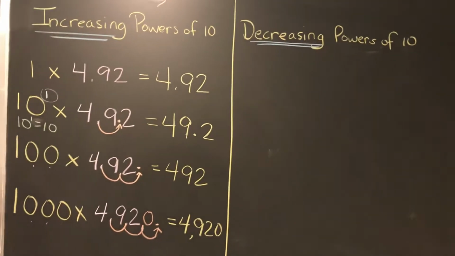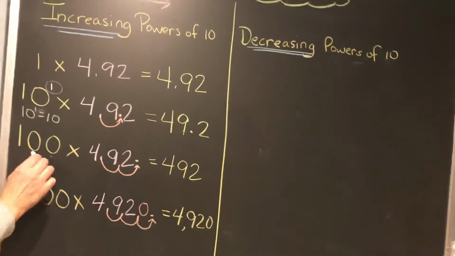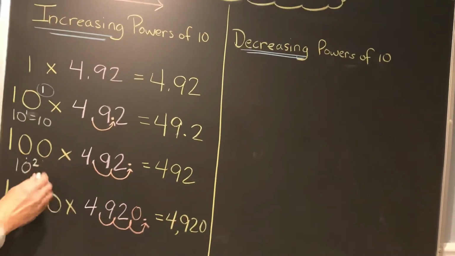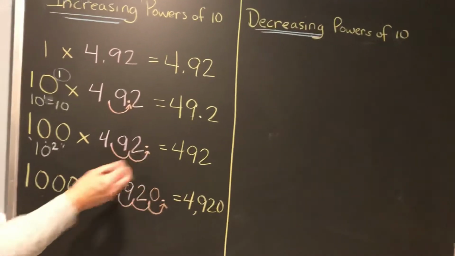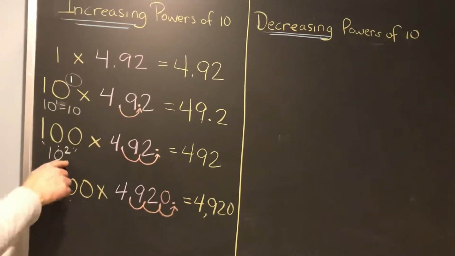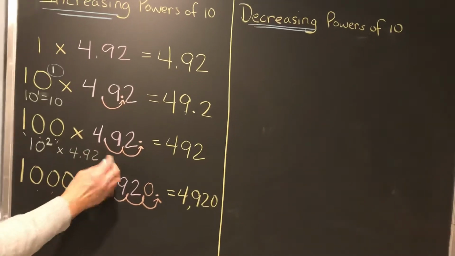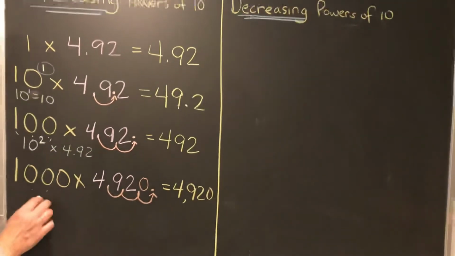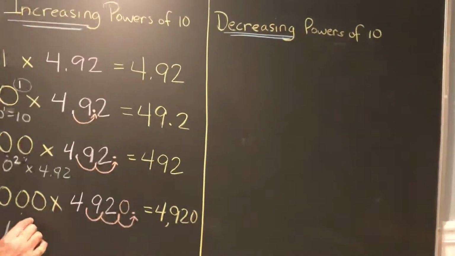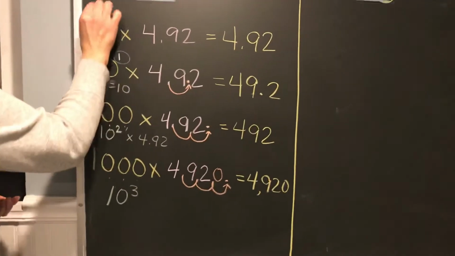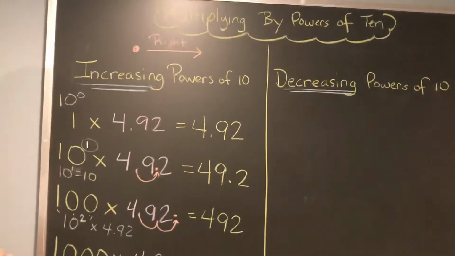That's how you know. You have to remember that 10 to the second power is the same thing as 100. So you would have done the same thing if you had 10 to the second power times 4 and 92 hundredths. And then finally 1,000 is 10 to the third power. And then just up on the top, 1 is 10 to the 0 power.